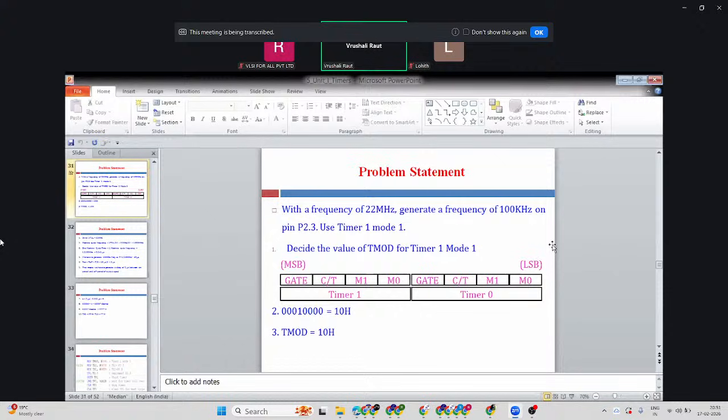So what I want from you people, next time tell me, for generating 100 kilohertz, how much on time and how much off time of that signal will be there. For some time it is on, for some time it is off, and in that way it will give you 100 kilohertz. Can anyone try telling me now?